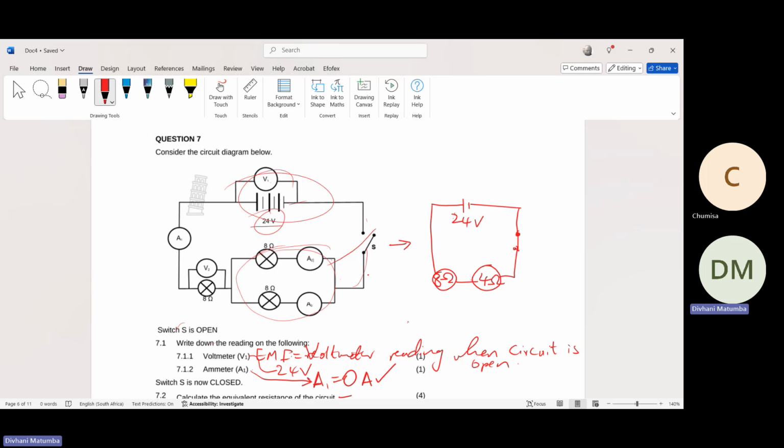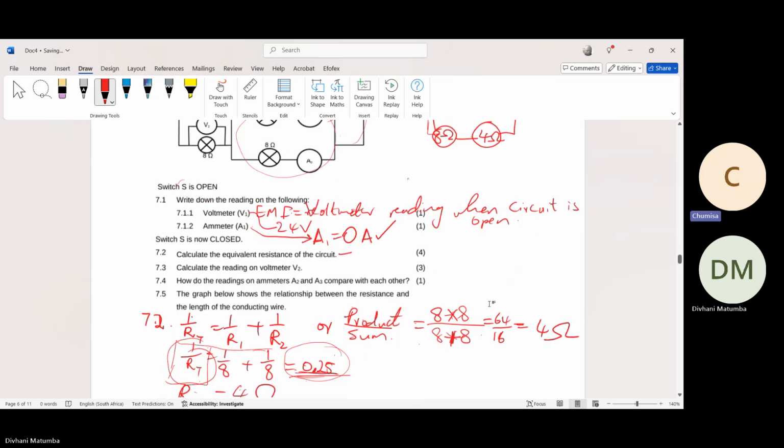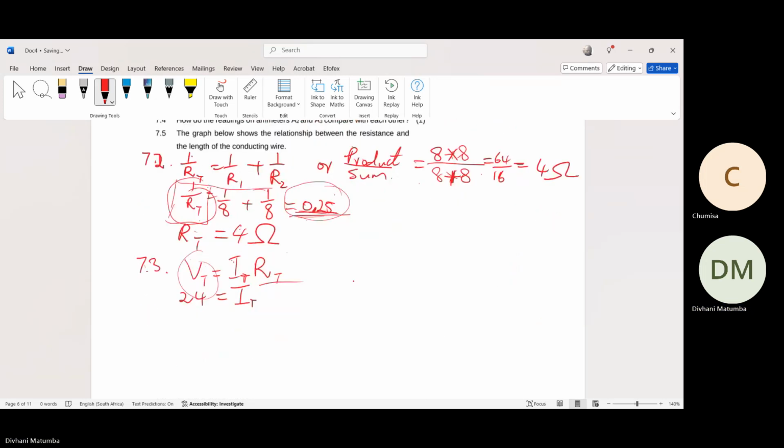You need to add all the resistors that are in series. That will be your total resistance of the circuit. It will be R1 plus R2, so this will be 8 plus 4. It will give us 12 ohms. Now you take that 12 ohms and put it there.